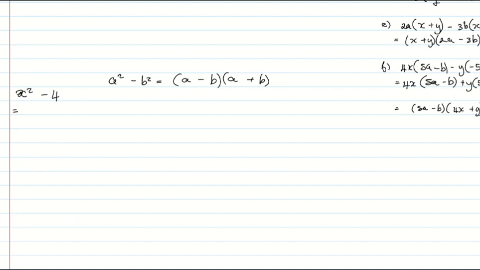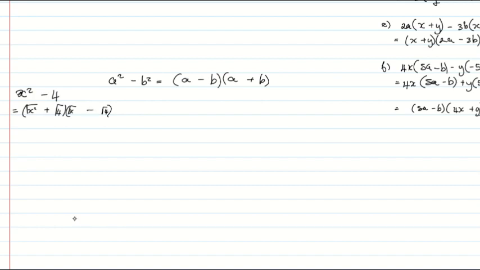So I'm going to open 2 brackets because I've already identified that this is a difference of 2 squares. I'm going to take the first term, x to the power of 2, and put it under a square root. Then I take the second number and also put it under a square root, and I repeat that in the second bracket. Then I put a plus sign in one and a negative sign in the other.